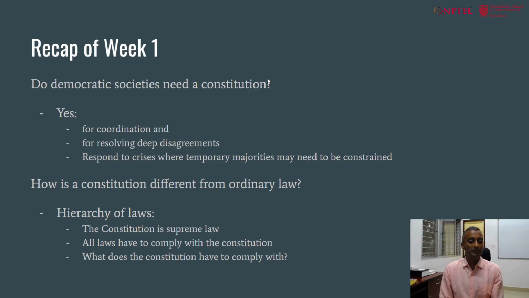The third reason that democratic societies may need a constitution is that there are historical episodes where a political majority is formed, but the majorities might make some very poor decisions about how this political society should be governed. In constitutional history and constitutional theory, the most common example that is canvassed is the problem of the Weimar Republic in the late 1930s in Germany.